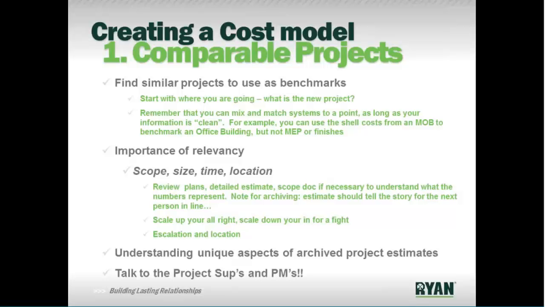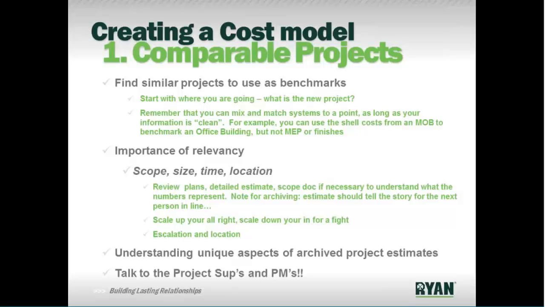Another point in terms of benchmarking and finding similar projects is to remember that you can mix and match systems to a point. The example there is that you may have a medical office building that you could compare to an office building, and the shell cost in a lot of ways would be pretty similar. Brick, glass, precast, metal panel, whatever it is.